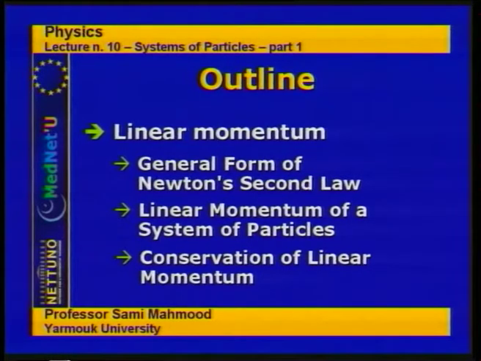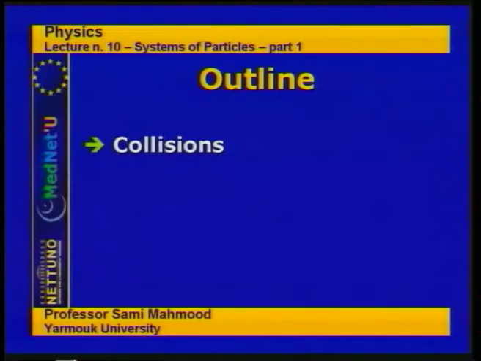Then we will consider the conservation of linear momentum for the system of particles. After that, we will talk about the collisions between two or more objects. We will take the case of two objects for simplicity, but the same treatment applies to more than two objects, of course.